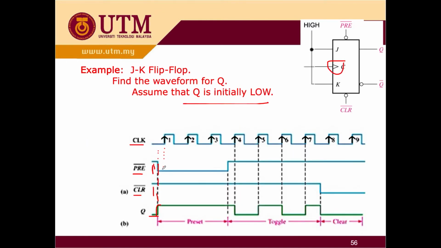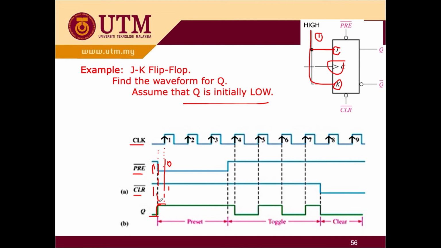After that it always remains until you have another clock over here. The value of your preset and clear is 1, this one is 0. But normally after that you need to always see that your JK over here is high, meaning the value is always 1.